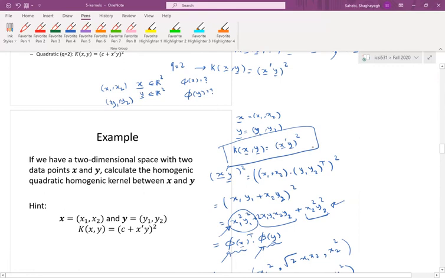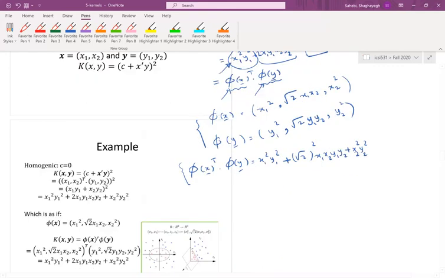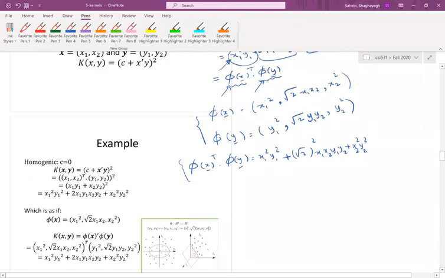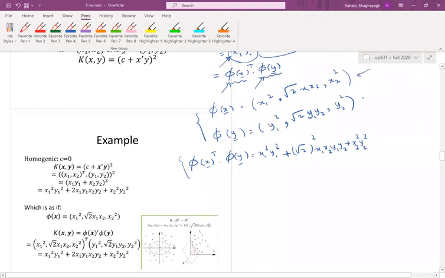X and y both are in the original input space, but we could figure out that the new feature space that generated this value for the kernel is actually this three-dimensional space.